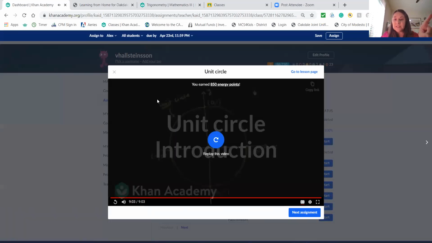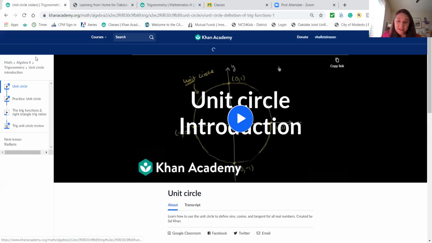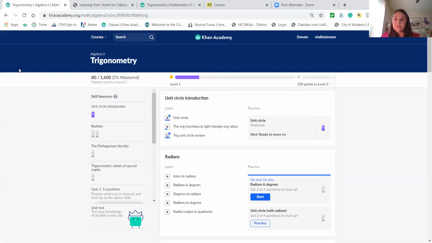If I select that first one and go to where it says lesson page, it'll take me to just that lesson. If I go to the left side of the screen and underline trigonometry, hopefully you can see that I'm selecting it. What it'll take me to is that page that I showed you that the full website page drags you to, which is overall trigonometry.